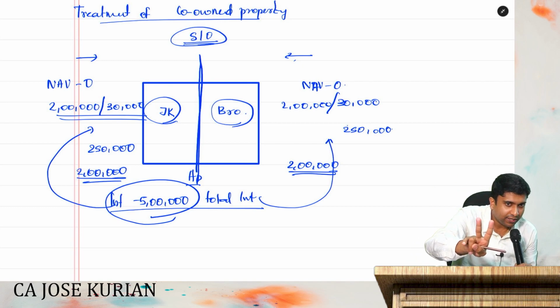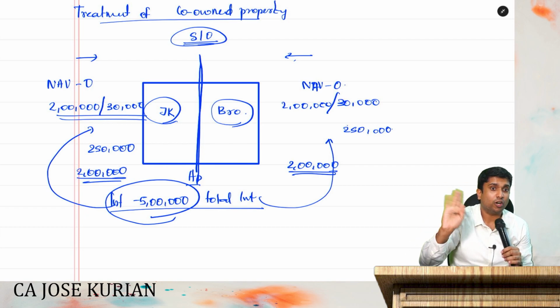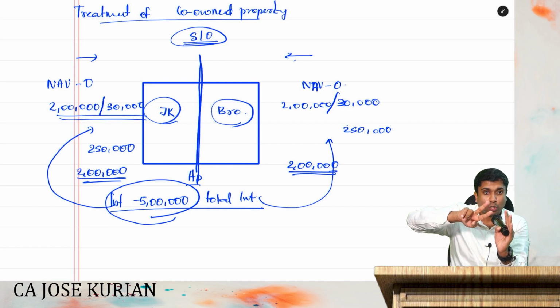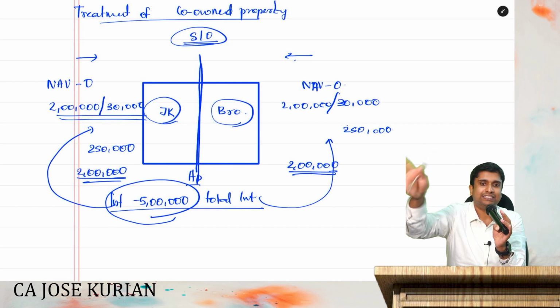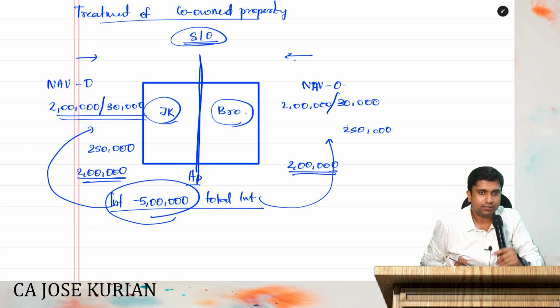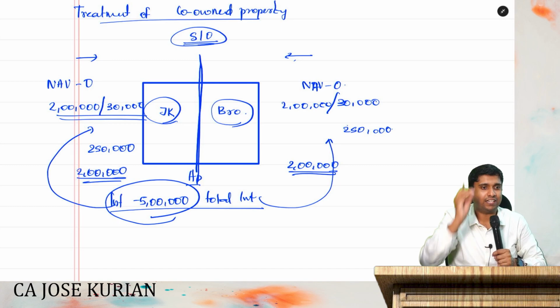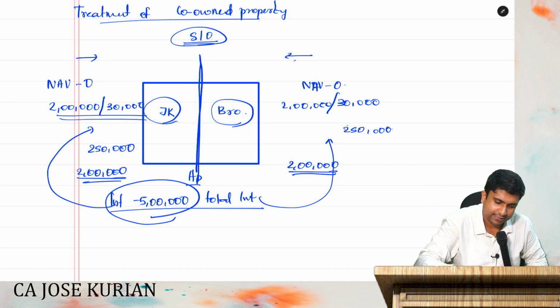Are you all with me? It is not property wise, it is assessee wise. If for the same property, multiple owners are there, each owner can claim up to 2 lakh or 30,000, depends upon the case. That's what the department says.